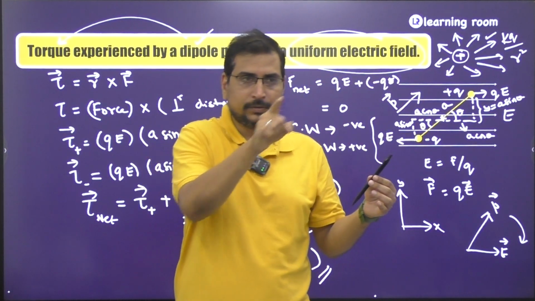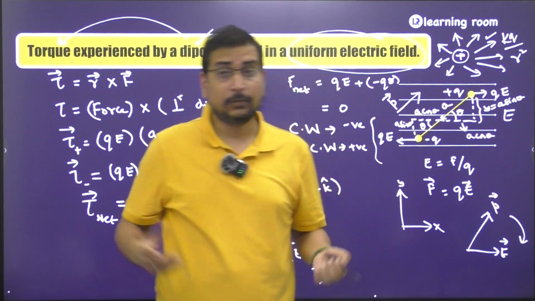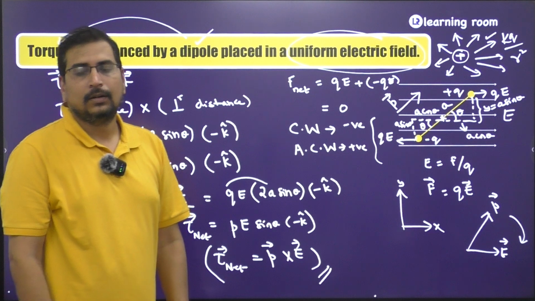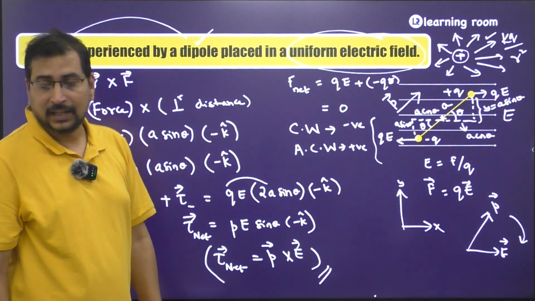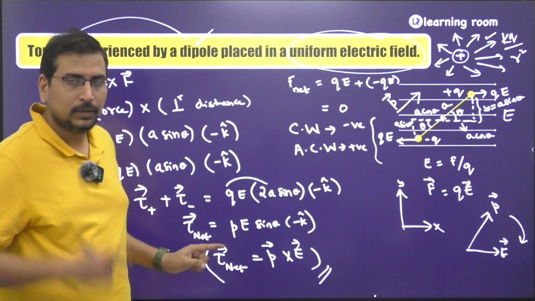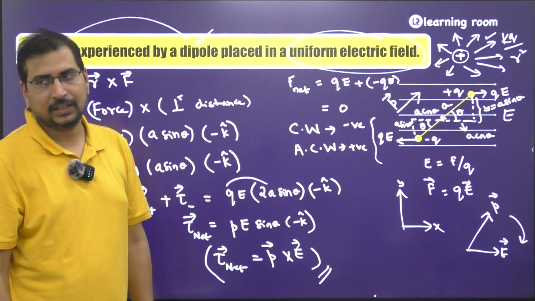Means it moves like this, right? It will keep rotating as well as moving, but we don't know in which direction it will move because it has a non-zero force. So force plus this one will give a combined rotation and translatory motion. Am I clear with this?